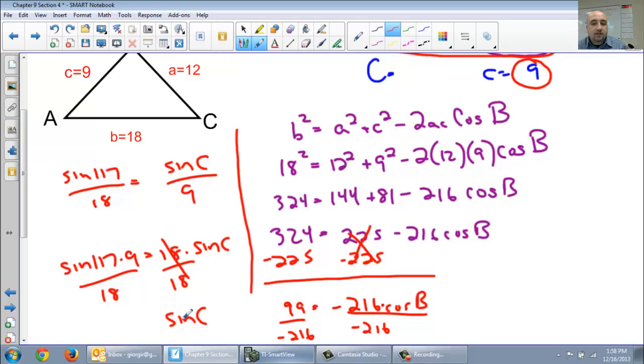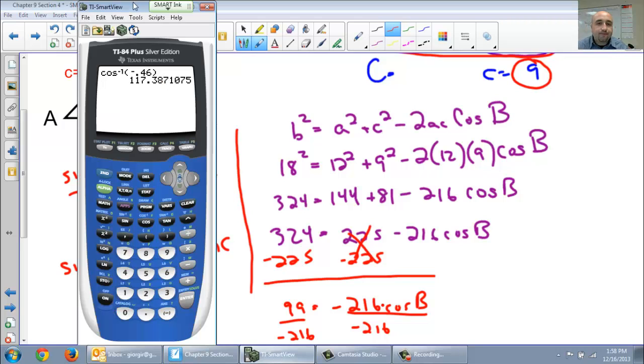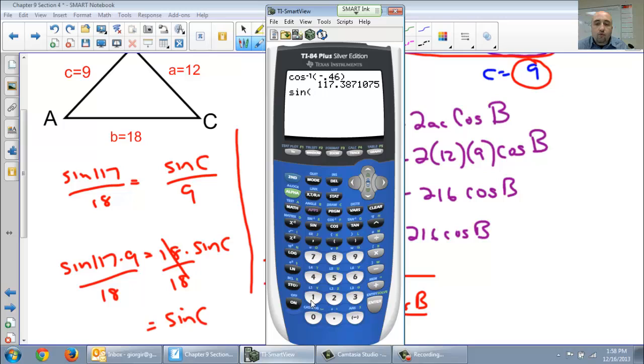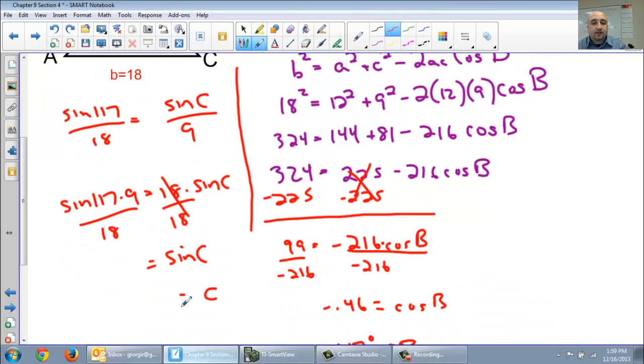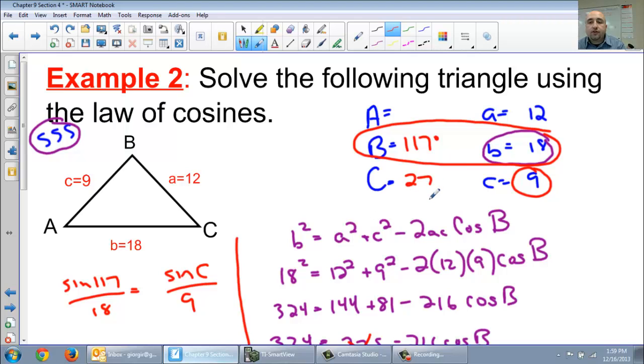The 18s cancel, so sine of C is equal to, let's do this on our calculator, sine of 117 times 9 divided by 18, which gives me 0.445. And remember, I want the angle C, so I have to do second sine 0.45. Enter. 26.7, so 27 degrees. So C is equal to 27 degrees.